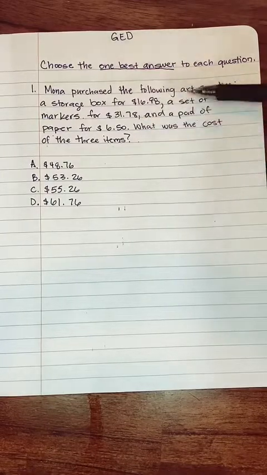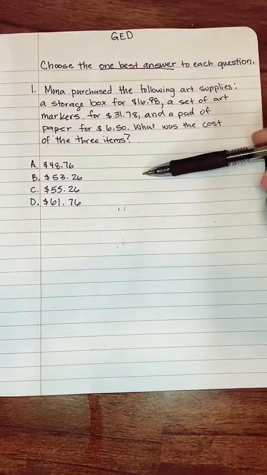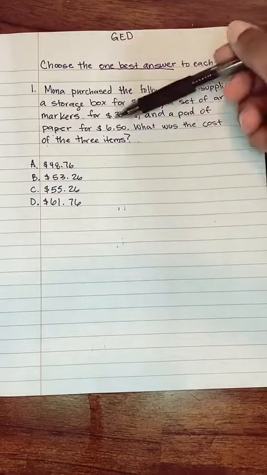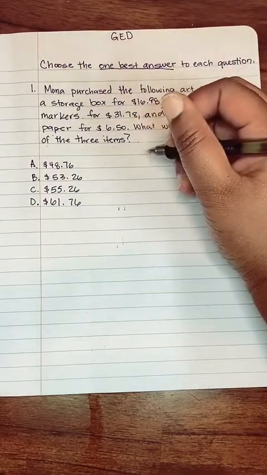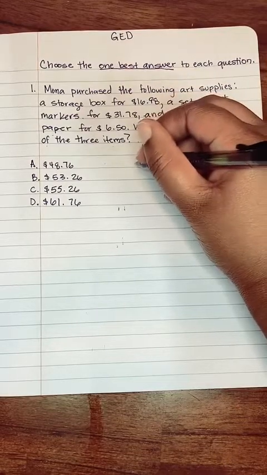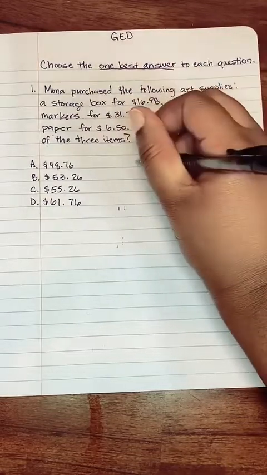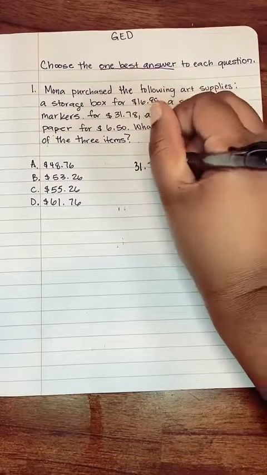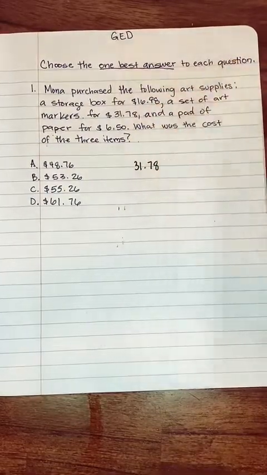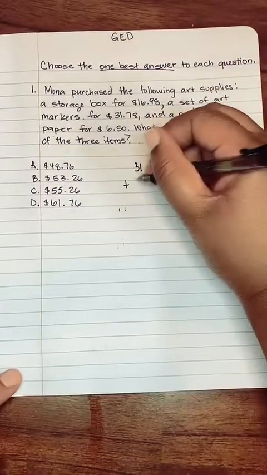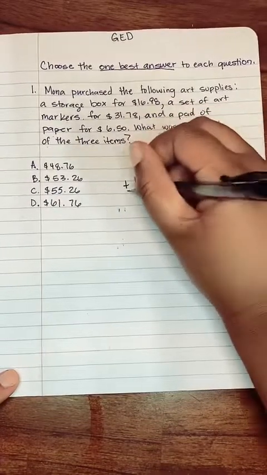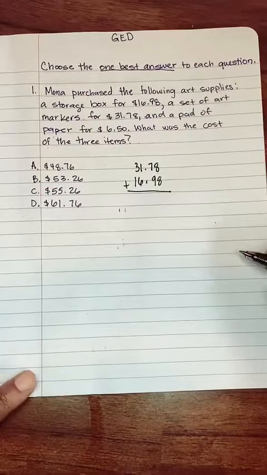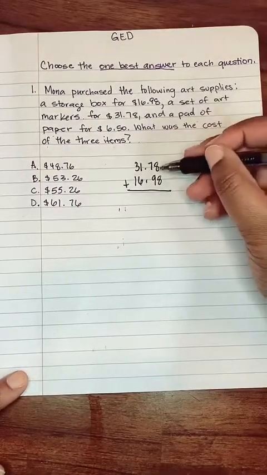So now I'm going to always start with my biggest number, 31.78, and I'm going to add 16.98 first. Gonna add those two first. So 8 plus 8 is 16. Carry the 1. 9 plus 1 is 10, 10 plus 7 is 17.